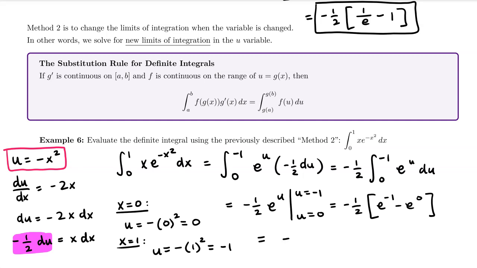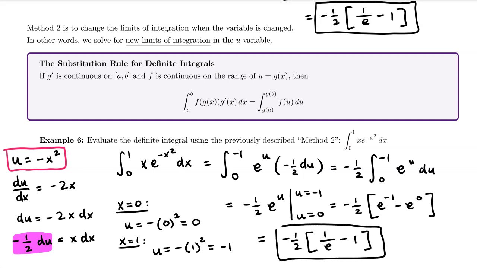So I have negative 1/2. E to the negative 1 is the same thing as 1 over e, and then e to the 0 power is the same thing as 1. So notice that this is my answer here, and then this is my answer here, and we end up getting the same exact answer.